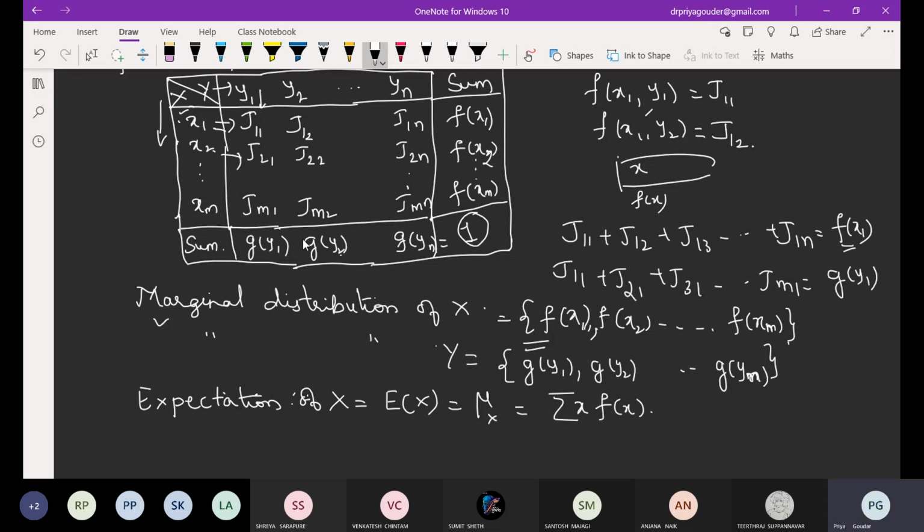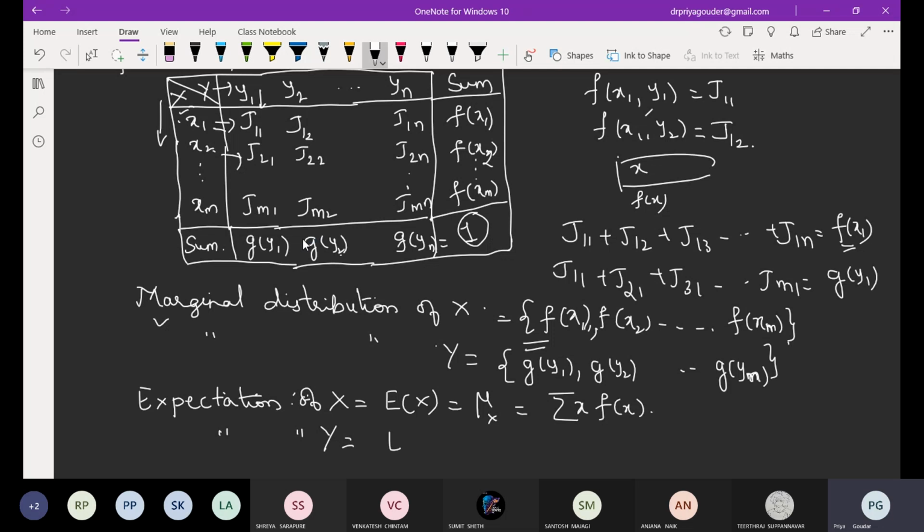Do you remember in case of a discrete random variable how we calculated the mean? The definition is same, x f of x only. Similarly, you can calculate expectation of y. Can you tell me how it is denoted and defined?